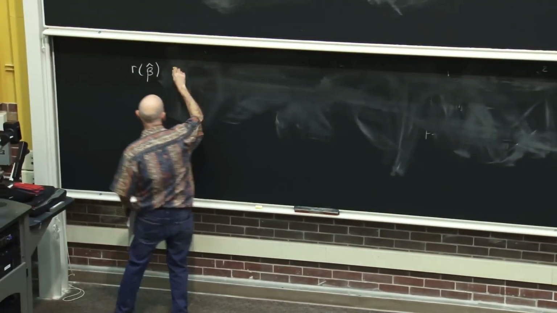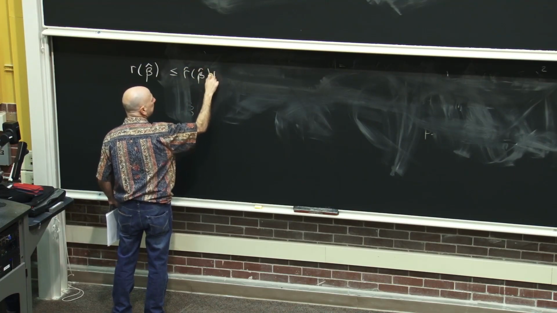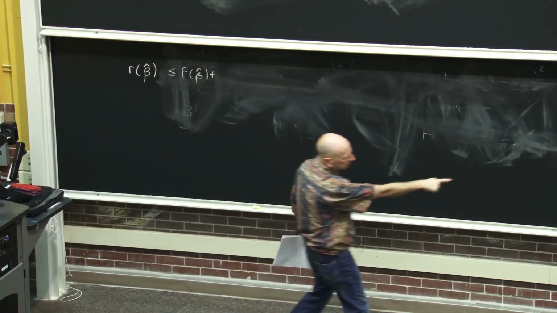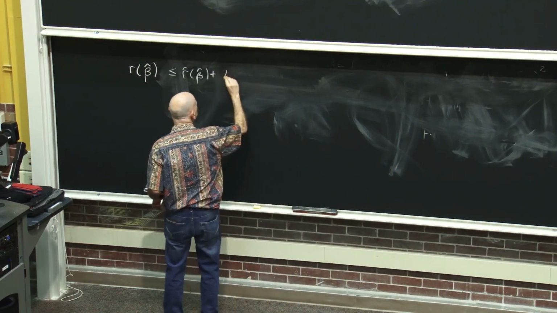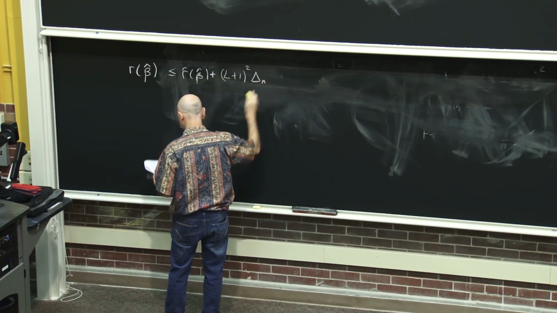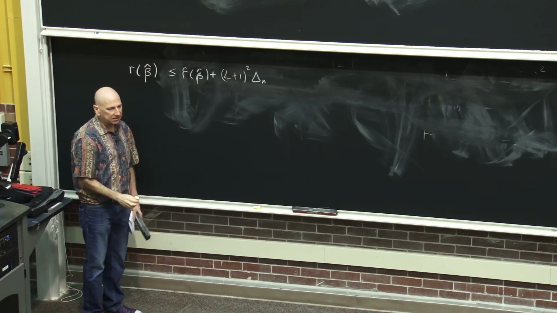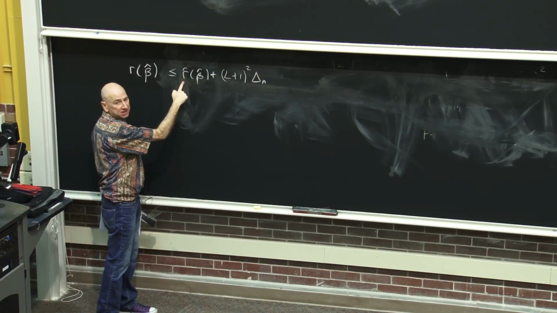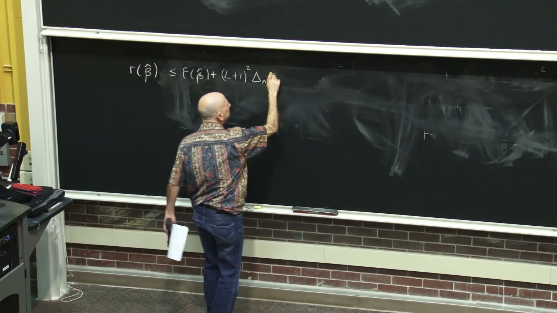So I can say this is less than r hat of beta hat plus that stuff. Now we use the fact that beta hat was chosen to minimize this. So if I put any other beta in here, it can only get bigger. So I'm going to put in beta star.